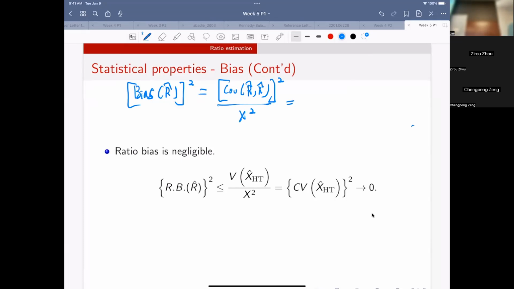So that is the correlation of R hat and X hat squared times the variance of R hat and the variance of X hat, divided by X squared.